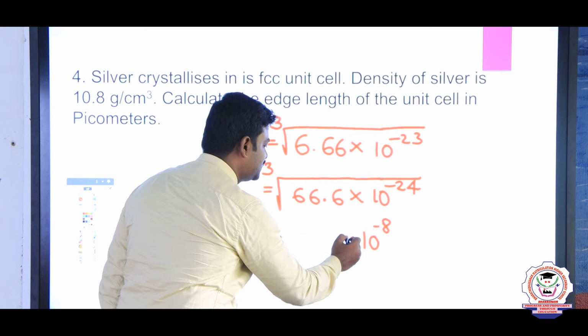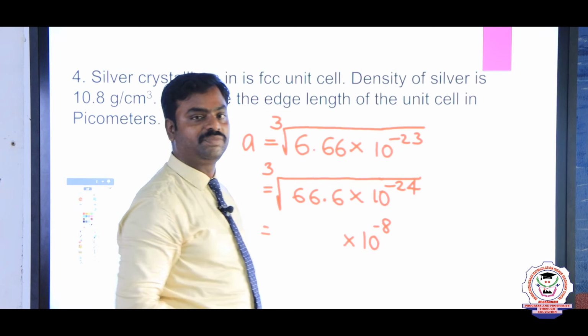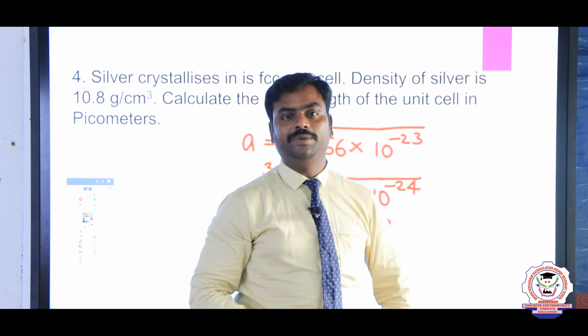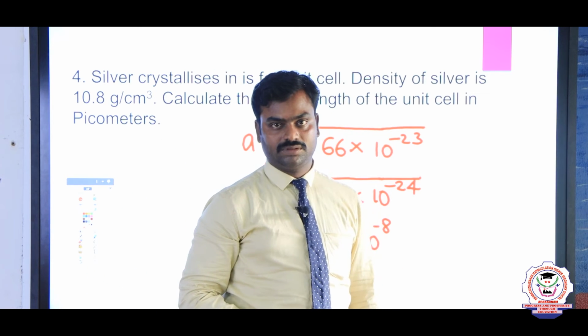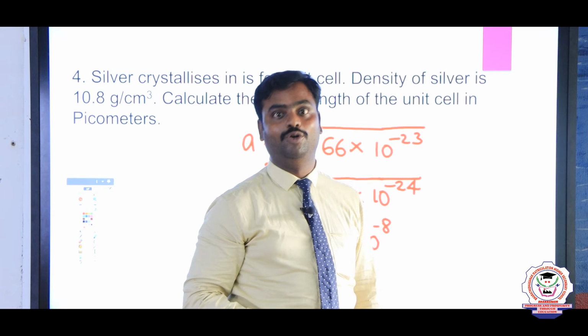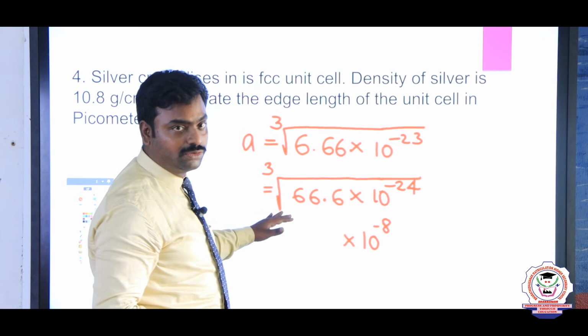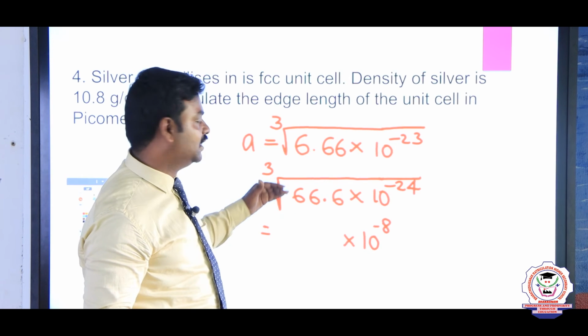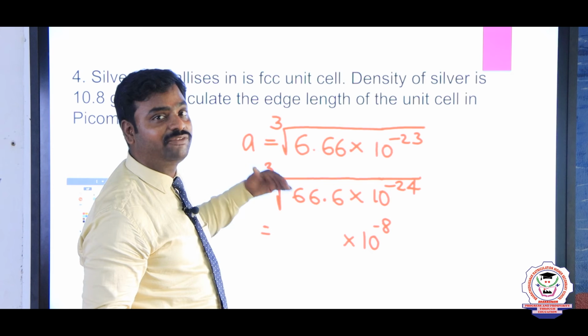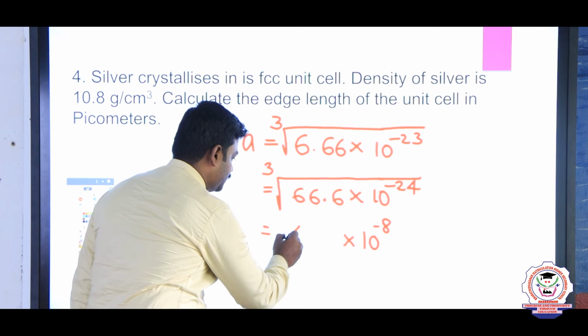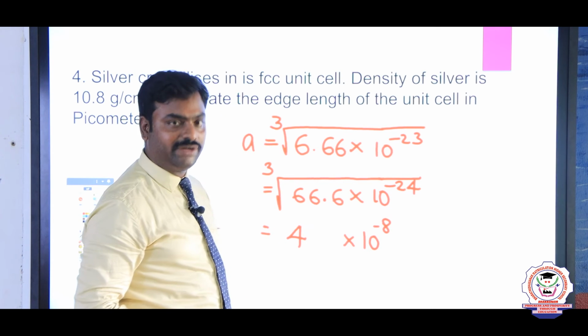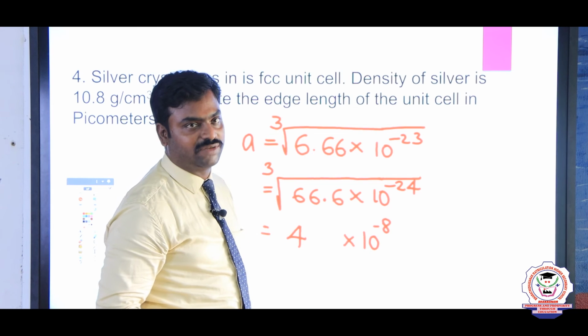What about 66.6? See, the nearest cubic value is 64. That is the cube of 4. So, 4 cube is equal to 64. So, the cube root of 66.6 must be more than 4. The exact value is actually 4.05.